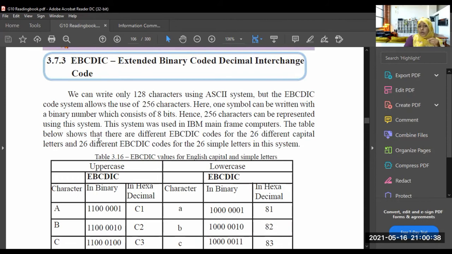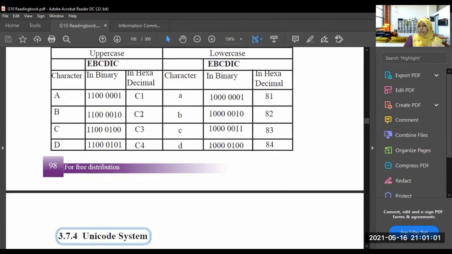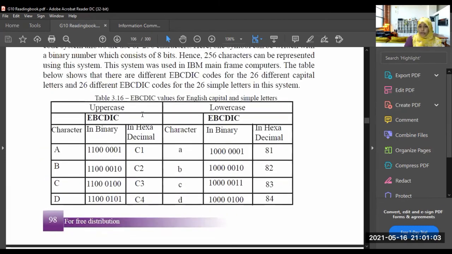The table below shows that there are different EBCDIC codes for the 26 different capital letters and 26 different EBCDIC codes for the 26 simple letters in this system. So here the EBCDIC capital and simple letters are shown for you, right?